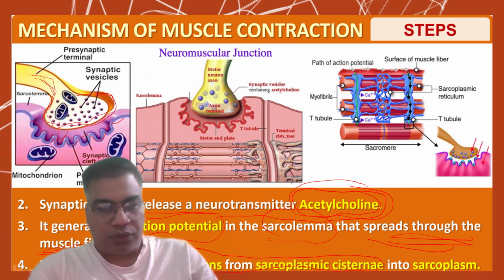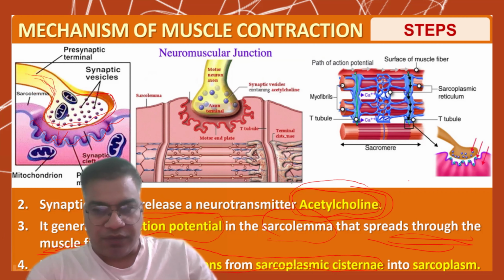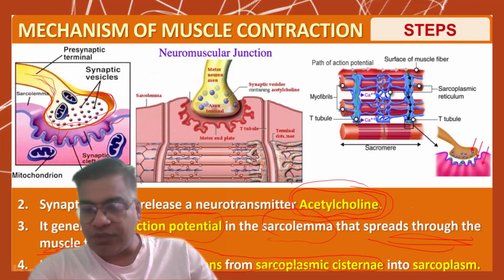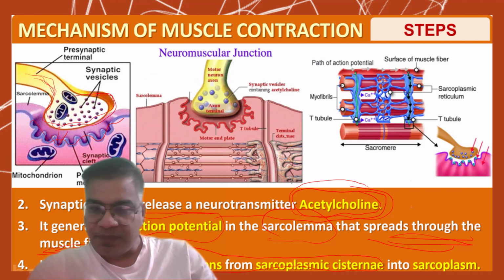There are L tubules and T tubules. One T tubule and two L tubules form a triad, which is responsible for the formation of the sarcotubular system. In this, we have calcium channels, which are responsible for the release of calcium.